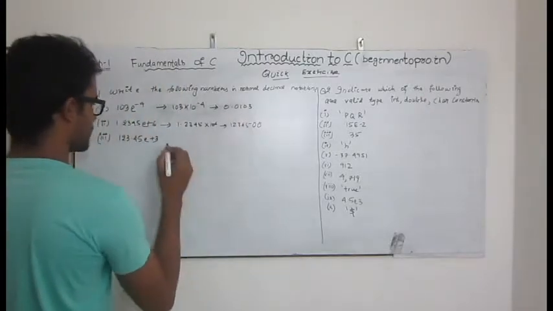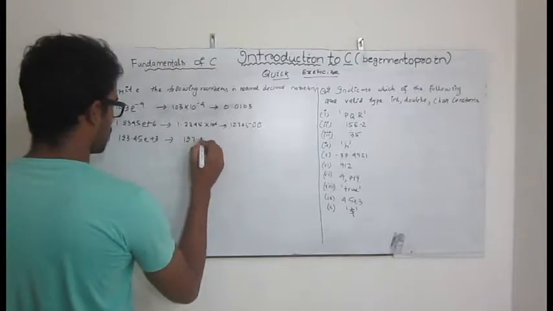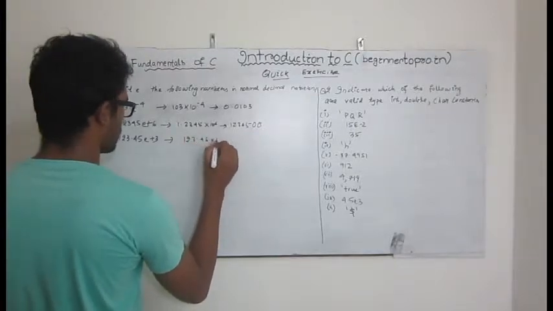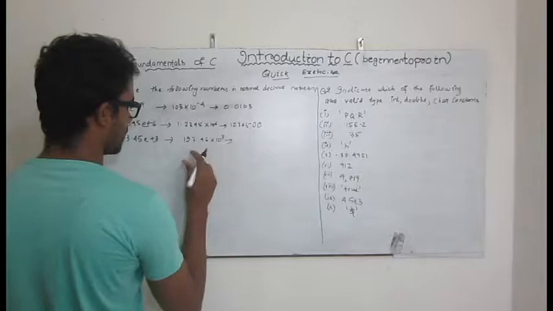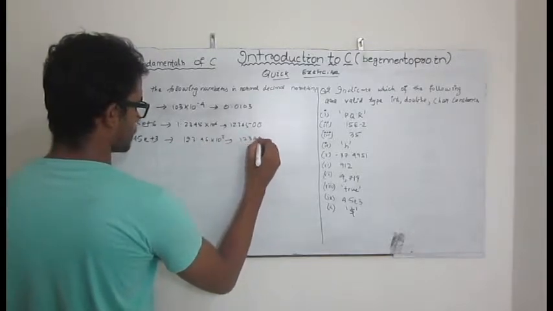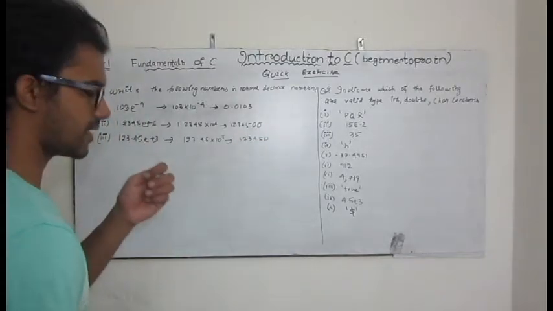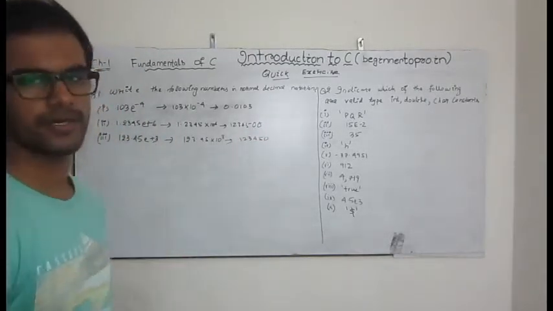Okay, this will be the result. And here 0.45 into 10 to the power 3, again it will move 3 decimal places, 4 5 and 0. So these are the answers of question number 1.